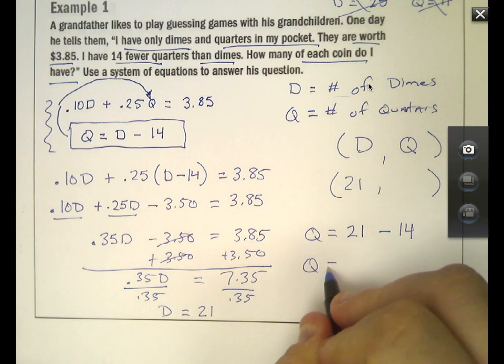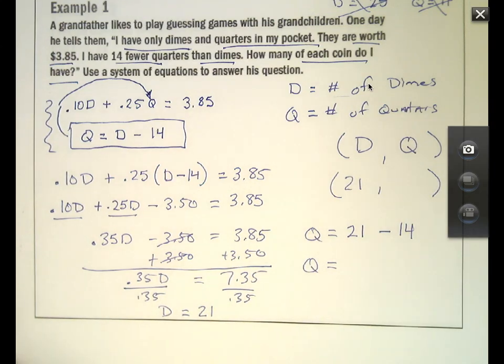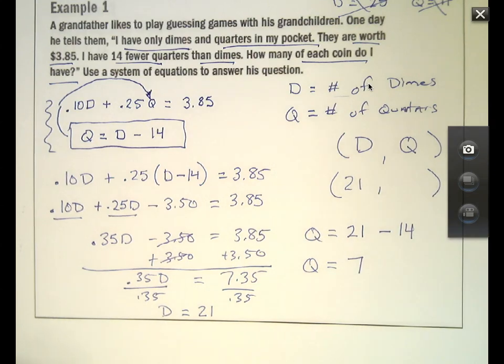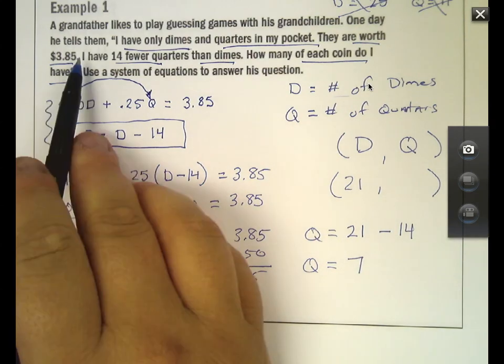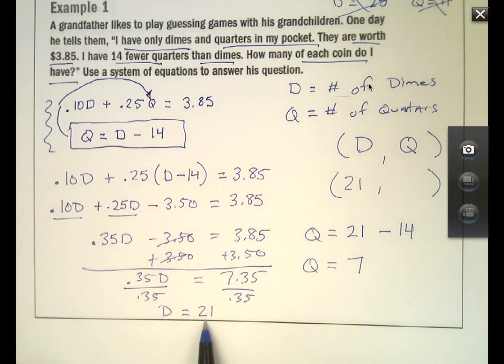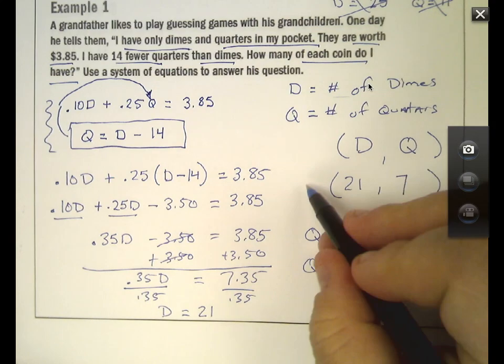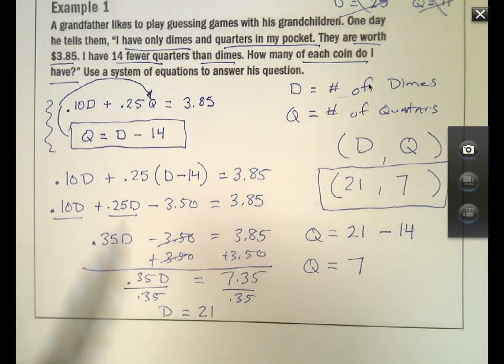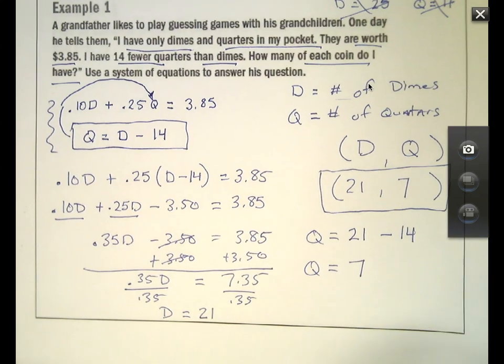What is Q? 21 minus 14 is 7. So grandfather had 21 dimes and 7 quarters in his pocket. Great way to use the substitution method.